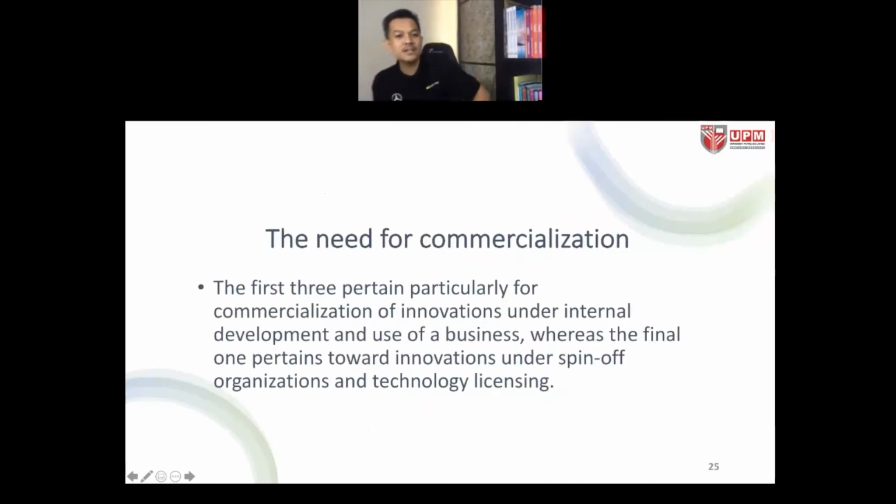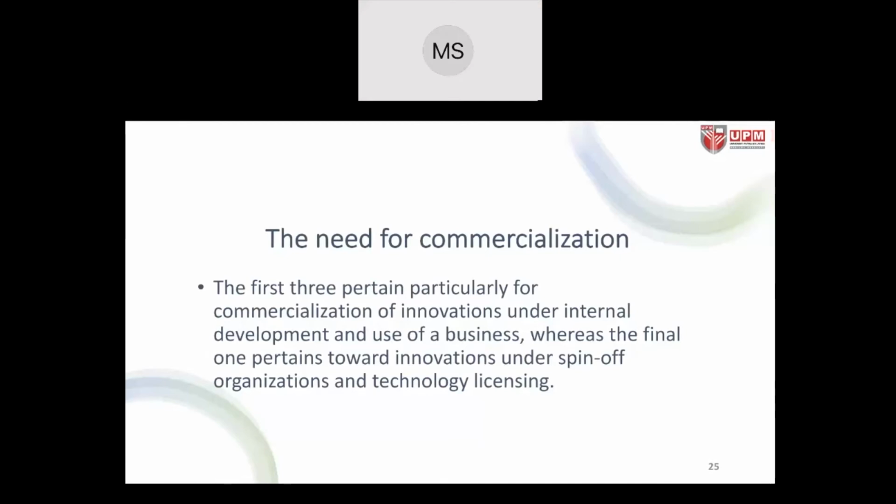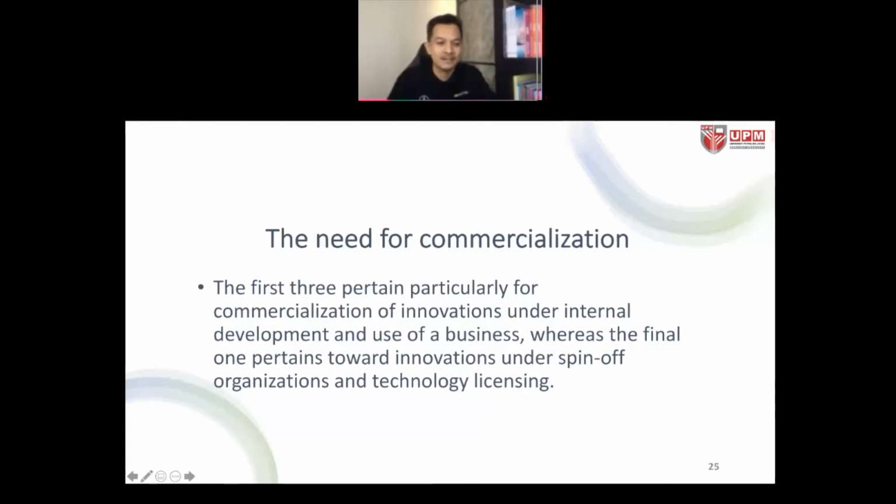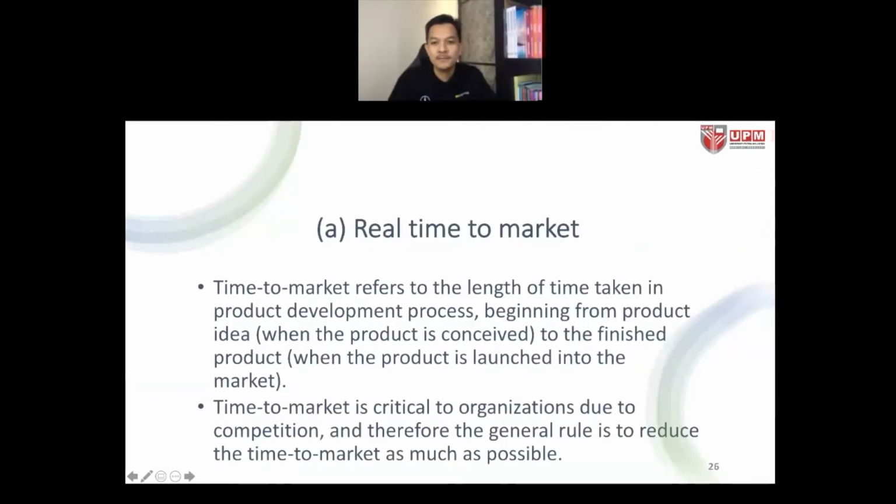The first three pertain particularly to commercialization of innovations under internal development and use of a business, whereas the final one pertains to innovations under spin-off organization and technology licensing, right? So if we look here at the time to market, time to market refers to the length of time taken in the product development process.